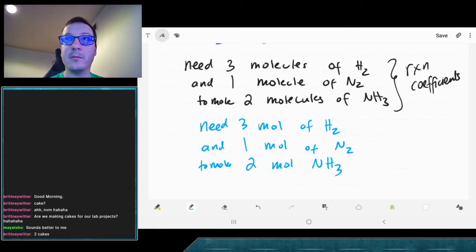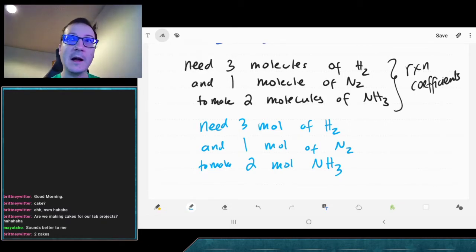So the reaction coefficients will tell us exactly how many parts of each reactant to make however many of our product. So just like with the cakes, if we had a dozen pounds of all of those ingredients, we could make a dozen cakes, right? If we had a mole of all of those pounds of eggs somehow, we could make a mole of cakes, right? So mole, dozen, it's just another word for a big number, right?